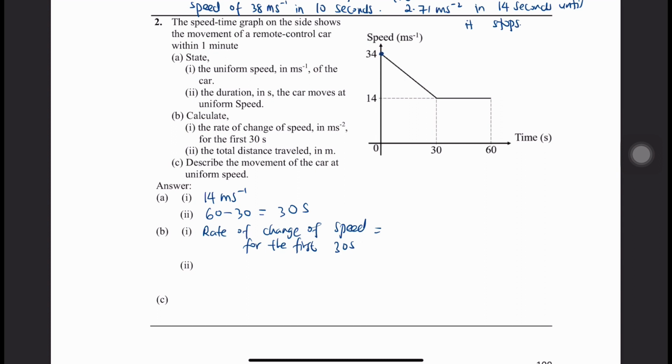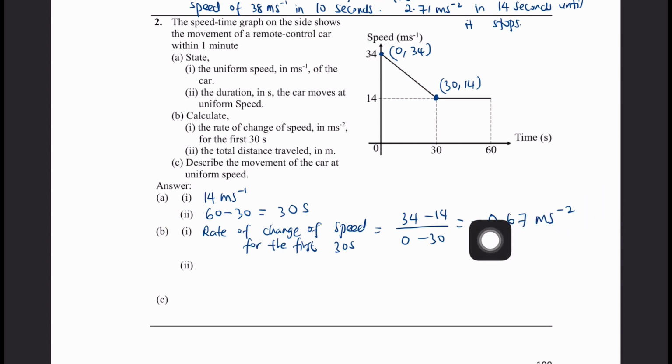Okay, so ambil koordinat ni. So the first coordinate is 0, 34. Okay, and then this one is 30, 14. Okay, so the rate of change of speed is 34 minus 14 divided by 0 minus 30. Okay, so press your calculator. So we get negative 0.67 ms-2. Okay, so it means ada negative maksudnya deceleration. Okay, semakin perlahan. Okay, next.